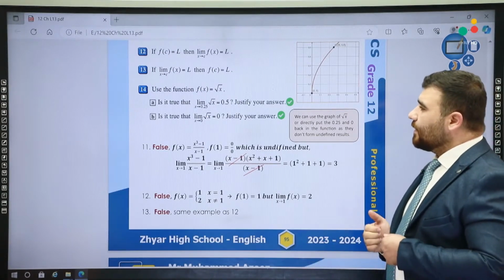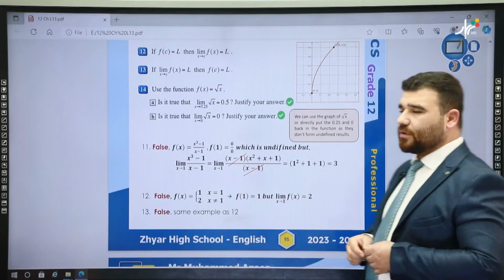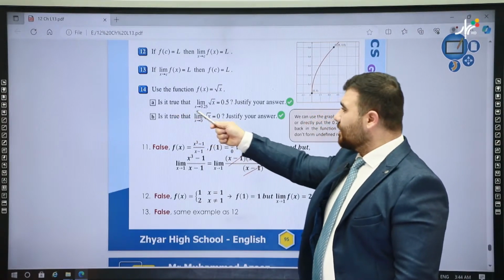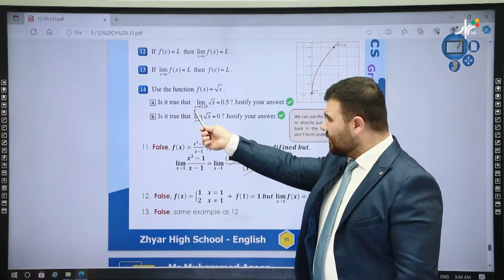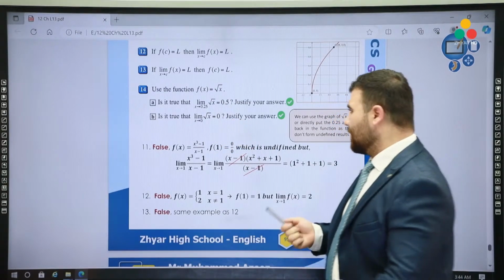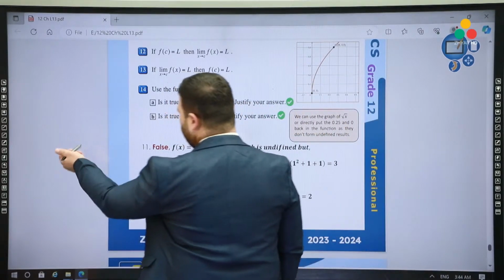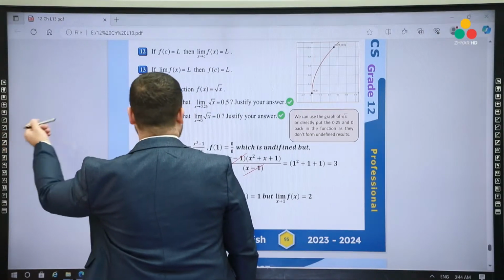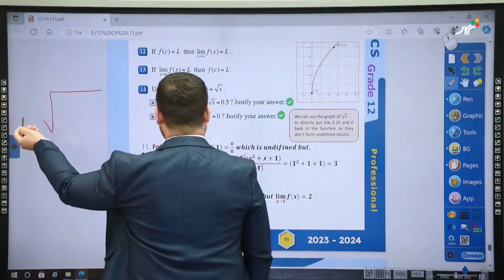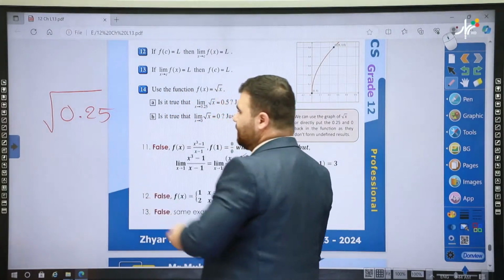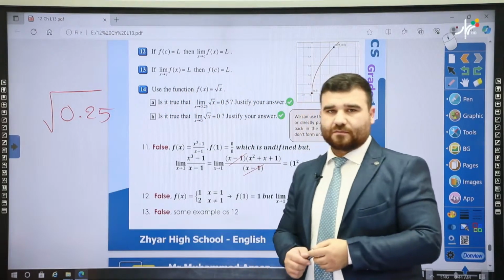14, f(x) is equal to square root x, all right. Is it true that limit x tends to 0.25 is equal to 0.5? Since this is not a fraction, if I directly substitute 0.25 in place of x, the result is 0.5.